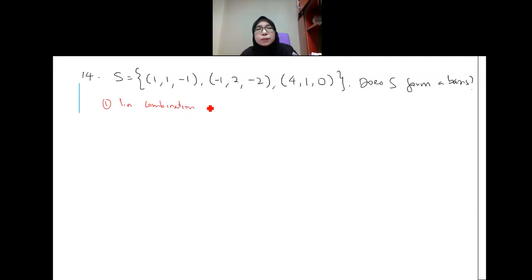This linear combination you must write into two equations. First, for linear independence, and for spanning set. Write a linear combination.